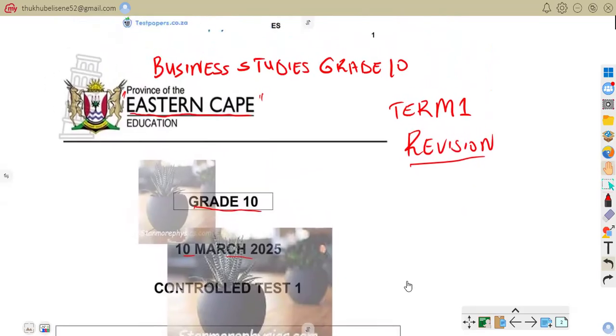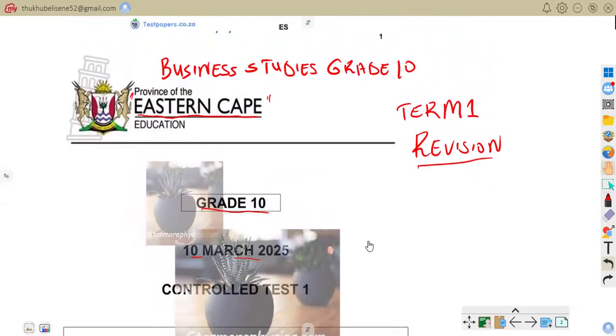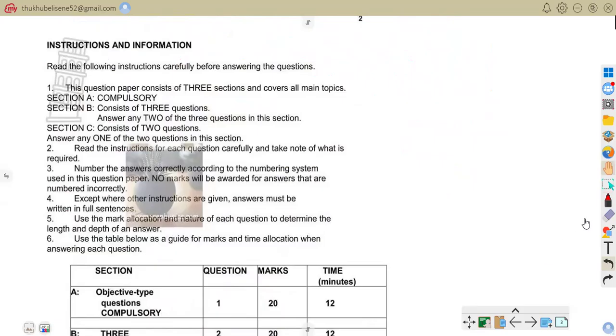So let's quickly go straight to the instructions and information. It says read the following instructions carefully before you answer the questions. The first instruction is that the question paper consists of 3 sections and covers all main topics. That is Section A, Section B, and Section C. You remember very well that Section C is an essay question, so already it is done.